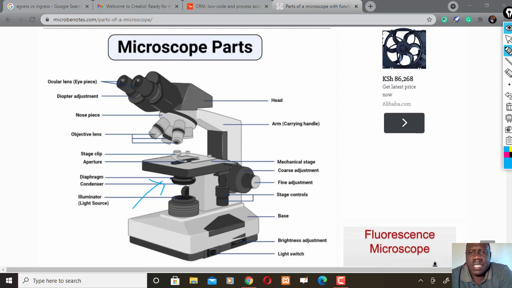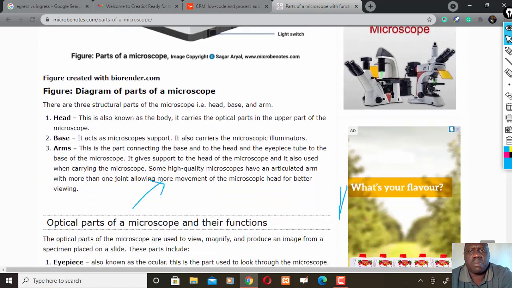You got the illuminator that supplies the light, and then you have the head, the arm, or if you may, the carrying handle, the mechanical stage, the coarse adjustment for adjusting the specimen that you're viewing. Then you got the fine adjustment, the stage controls, the base, the brightness adjustment, and the light switch. So basically those are the parts of a microscope.